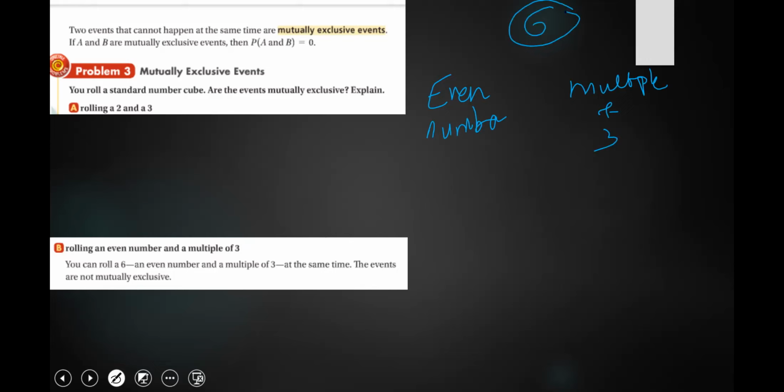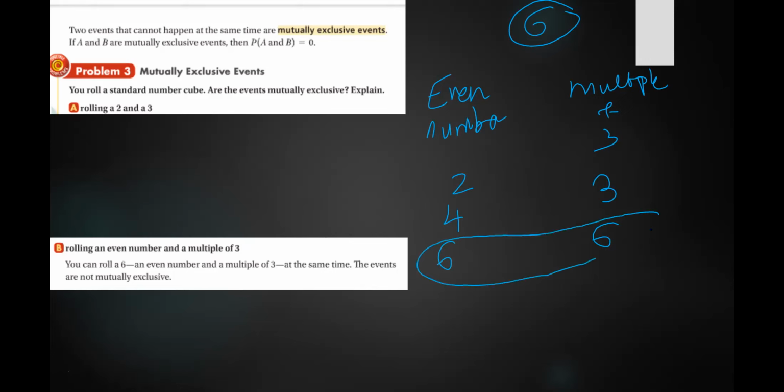Now I want to write all the possible even numbers. They are 2, 4, and 6. And the multiples of 3 are 3 and 6. Is there a number that can be a multiple of 3 and an even number? Is there a common number here? Yes, it is 6.